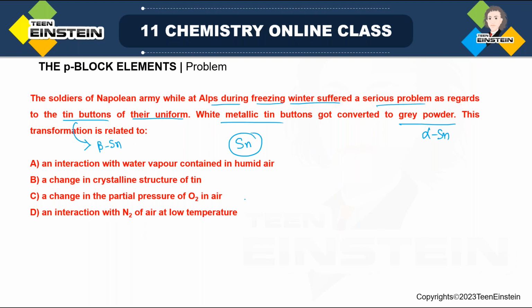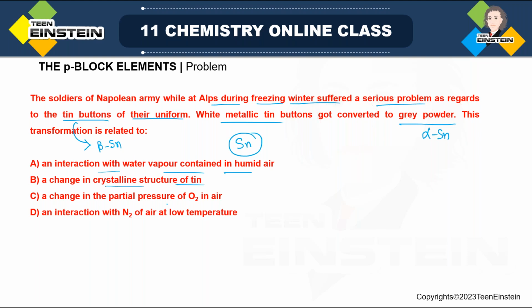This transformation is related to which of these statements? The first one says an interaction with water vapor contained in humid air, but it is not humid air, it is freezing winter. And even if it is humid air, it has nothing to do with this conversion. It is purely related to low temperature.